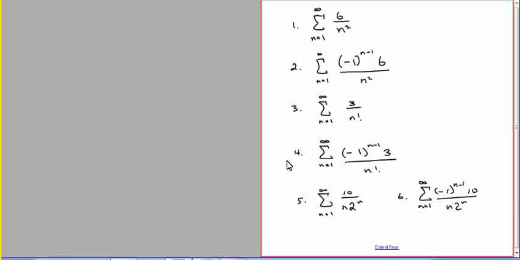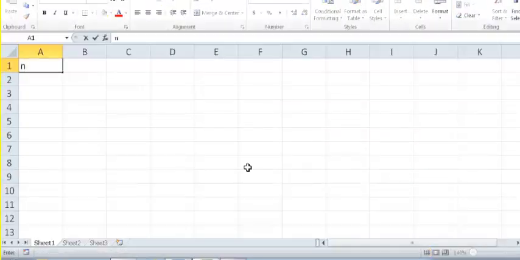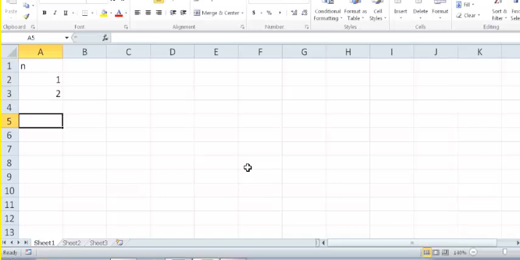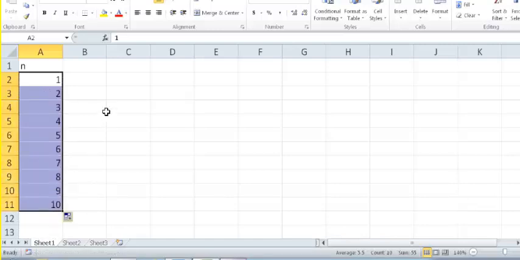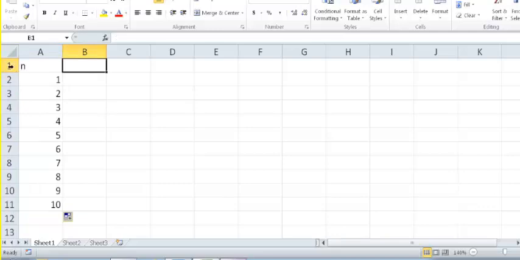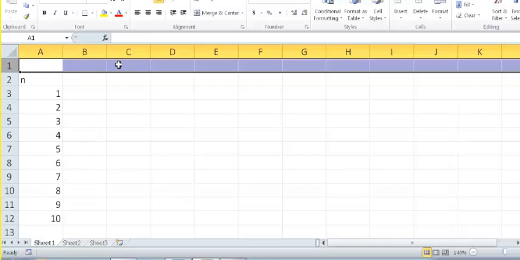We'll share Excel with you, and we'll set it up for each one of these. So our first column will be N, and we'll go up to 10 terms. Okay, and then we'll do each one of the problems. So let me insert a row so I can put some identifying thing here.